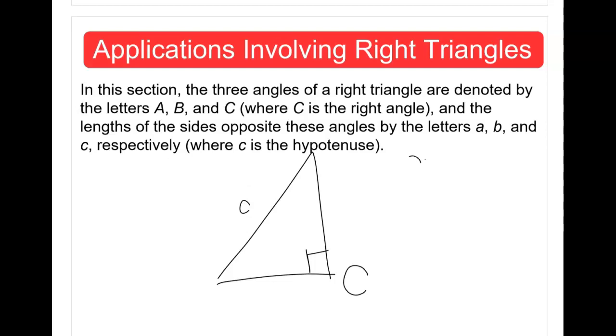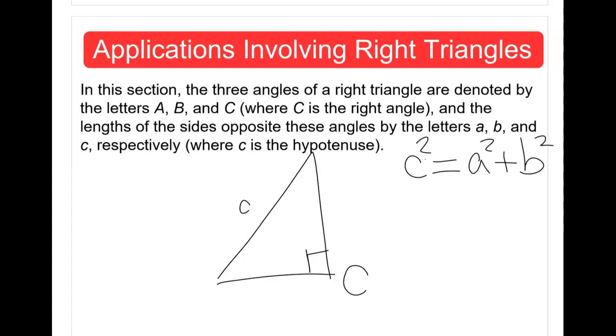Remember, with the Pythagorean theorem, we also use c to denote the hypotenuse. And so the hypotenuse is always opposite to the right angle. The bigger the angle, the longer the side of the triangle that will be opposite to that angle. I don't know if that makes sense.